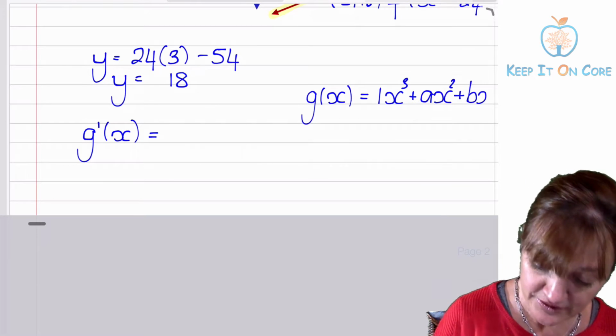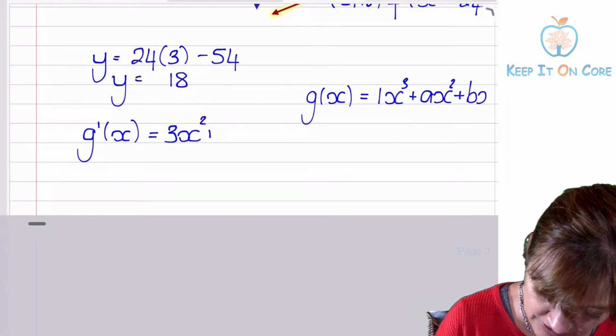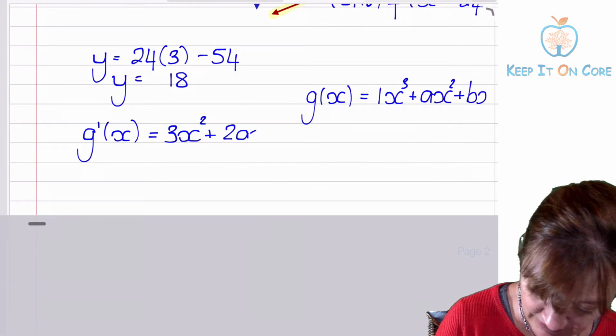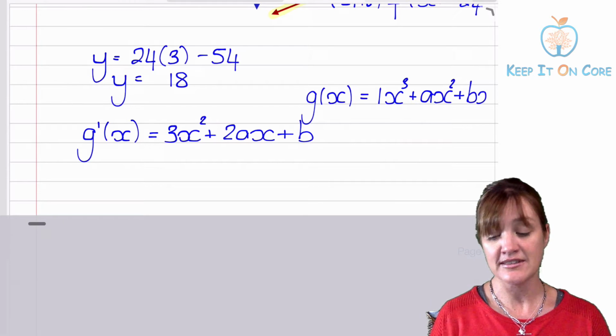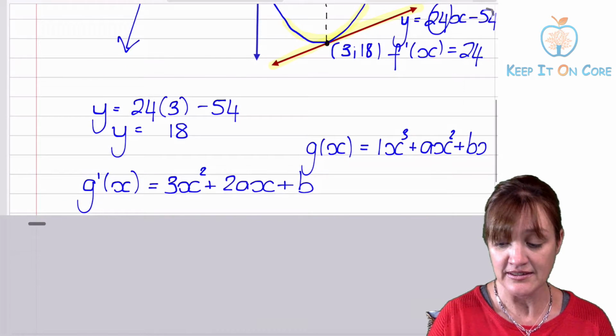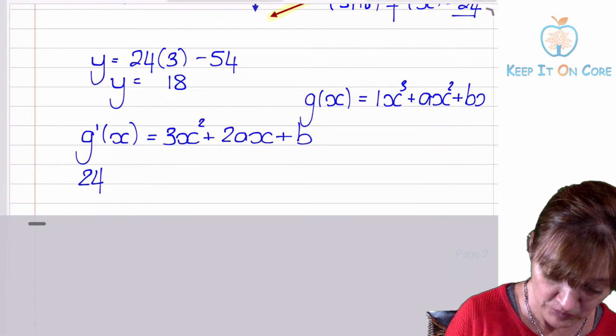Okay, right, derivative of g of x is then giving you 3x squared. It's giving you a 2ax, and it's giving you a b. Okay, and we said that the derivative equals gradient of tangent, and the gradient of your tangent was 24. So we're letting it equal to 24.